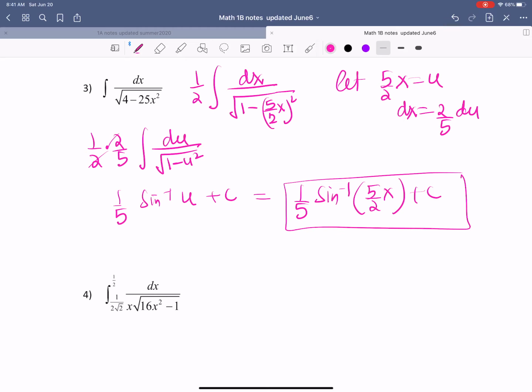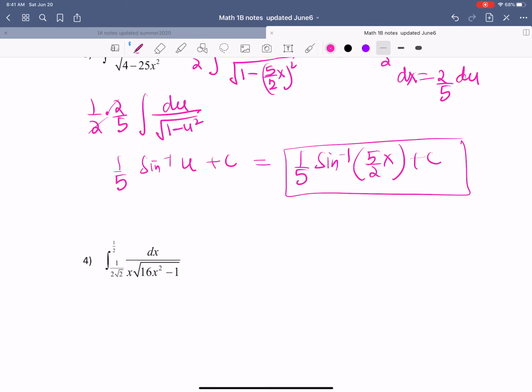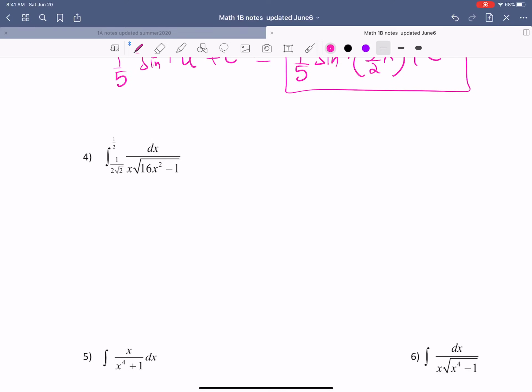Okay, good. So the next example, let's check this one out. We have x in the front and secant. This looks like one of the inverse secant to me. So let's go ahead and evaluate this integral. First step, the integral from 1 over 2 root 2 to 1/2 of dx over x.